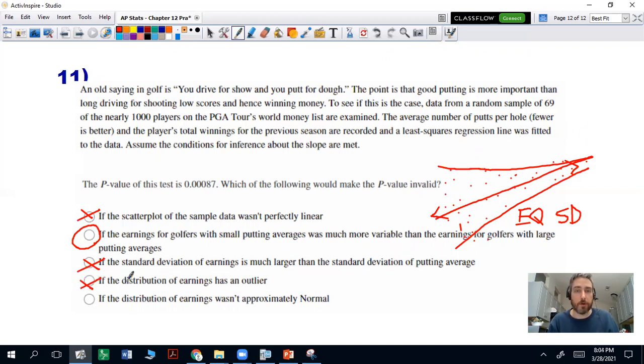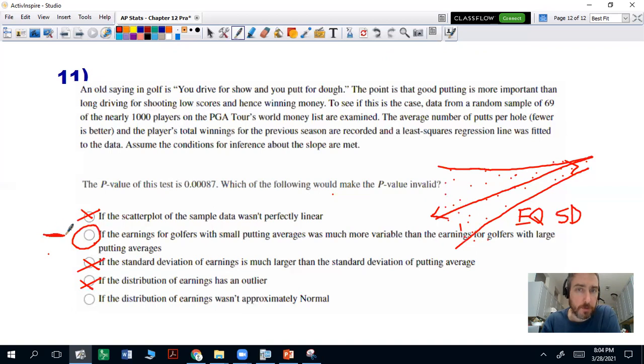If the distribution of earnings wasn't approximately normal, your earnings don't have to be normal for this to work. You just don't want to have strong skewness of your residuals.